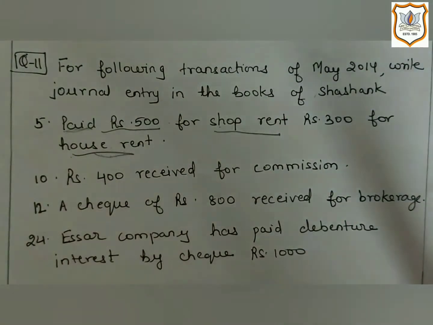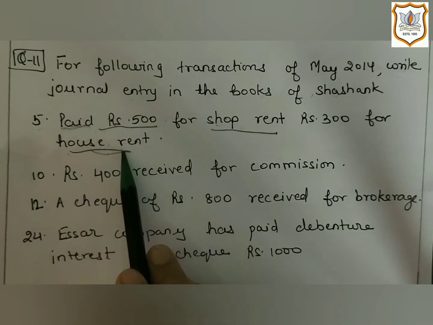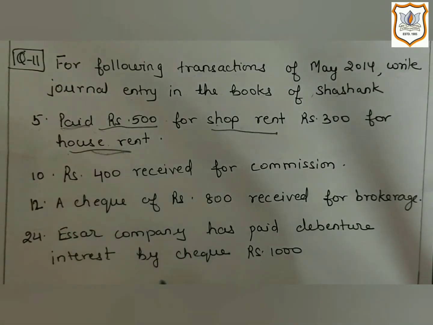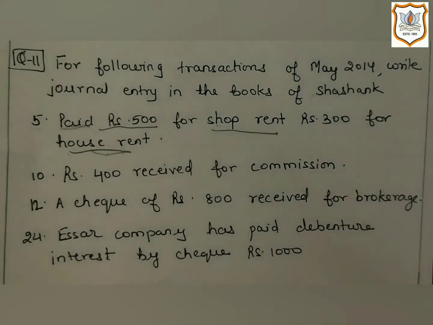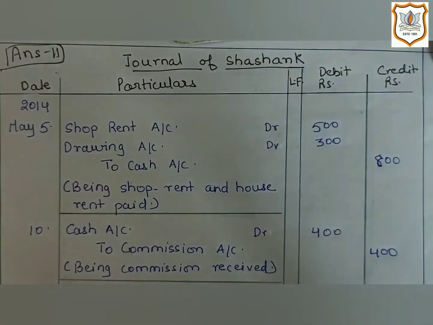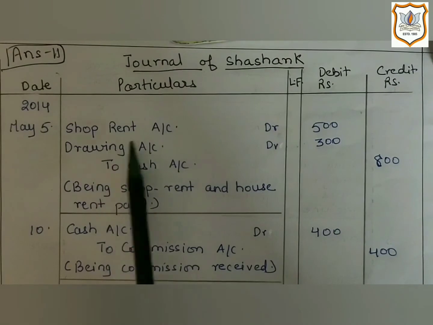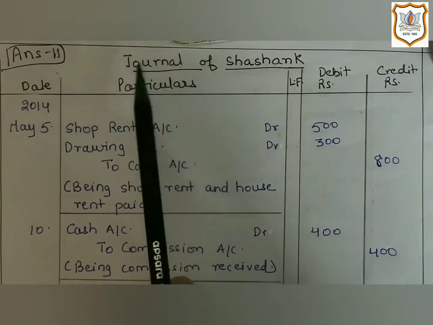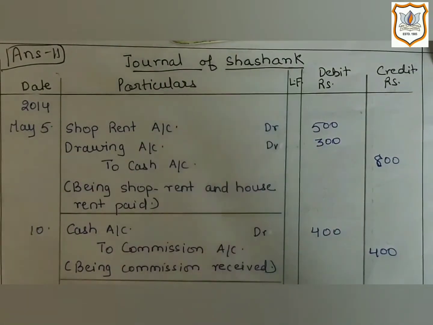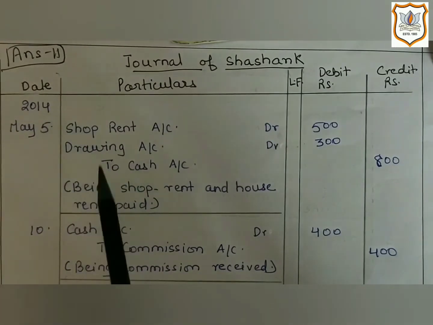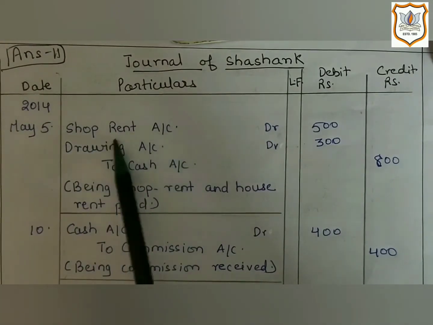As here owner Shashank is making payment for his personal expense, that is house rent from business fund. So here drawing account will be affected. So here is the journal entry for this transaction. First here we will write journal of Shashank. Then date. Now shop rent.